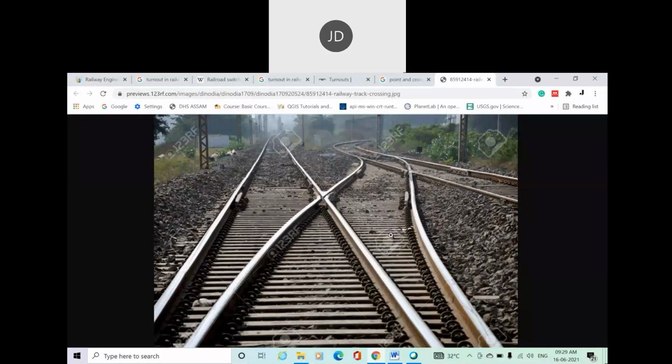So basically, turnout or crossovers: you can see this railway track is crossing over this railway track, and finally it is joined with this.